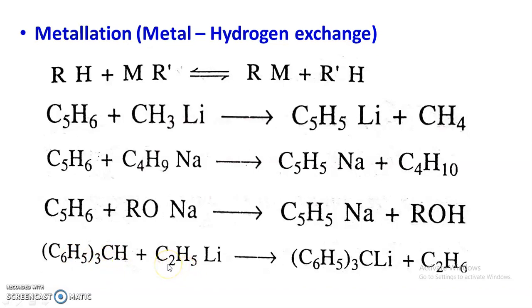When treated with ethyl lithium, then lithium displaces this hydrogen of triphenyl methane, and there is a formation of an organometallic compound of lithium. At the same time, the C2H5 group, which is a carbanion, joins with the displaced hydrogen, and there is a formation of ethane.